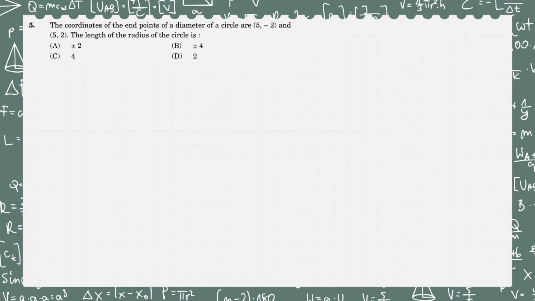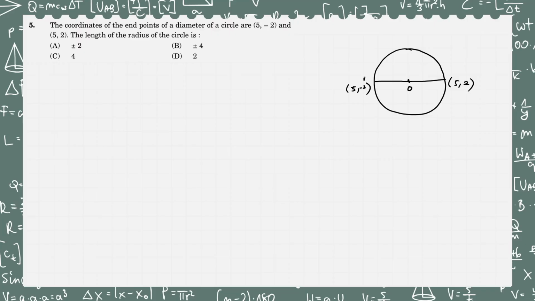The coordinates of the endpoints of a diameter of a circle are 5, -2 and 5, 2. So let us draw a circle for our understanding. Let this be the diameter, and you guys know that the center always lies on the diameter. Let this be 5, -2 and this end be 5, 2.